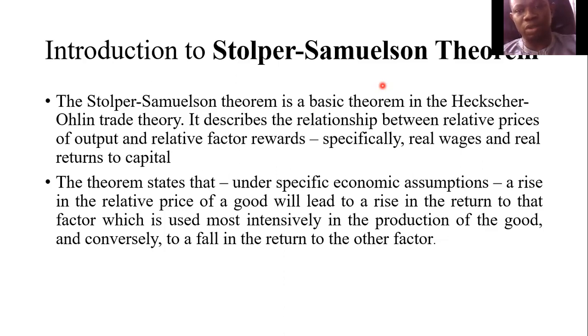There's a tendency for an economy to substitute the abundant factor for the scarce factor in an attempt to produce a higher quantity of that commodity because of the increased factor reward. What this is essentially telling us is that if such a thing happens, an increase in relative price is likely to propel an economy towards the production of a commodity which the country is not heavily endowed with.